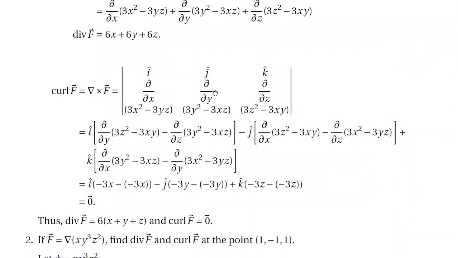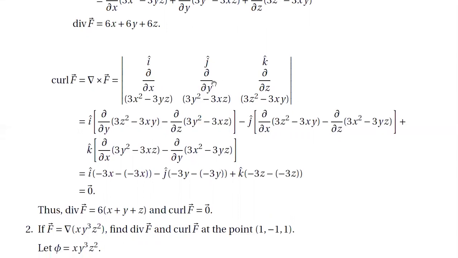Then the j component of del is dou by dou y, and the j component of vector f is 3y square minus 3xz. Then the k component of del is dou by dou z, and for vector f the k component is 3z square minus 3xy. So solve this determinant and get the result.